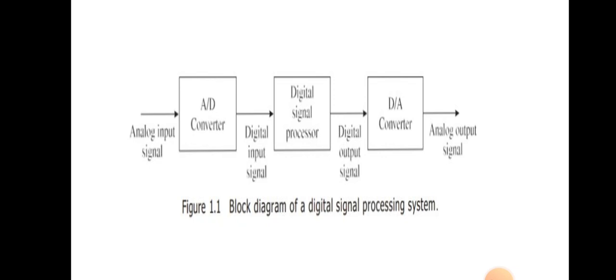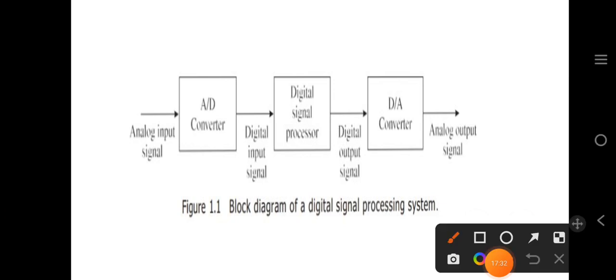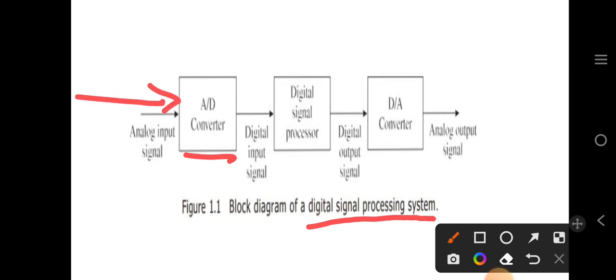Now we will see the basic block diagram of digital signal processing. In this figure you can see different blocks. The first one is the A to D converter. The input to the A to D converter is the analog input signal. In a complete digital signal processing system, there is a particular input, which may be an analog input signal.